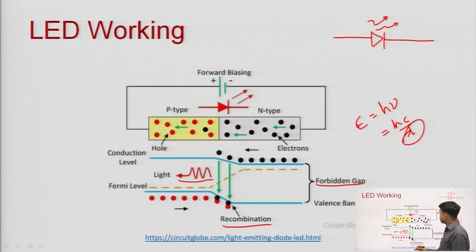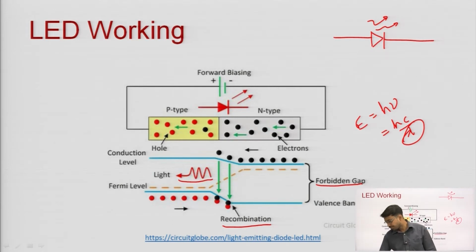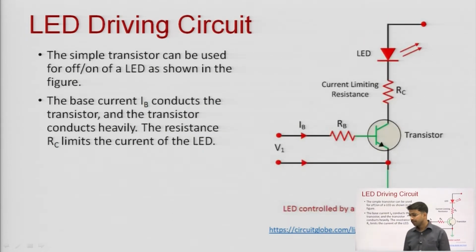Okay. So, this is the working of an LED. This is an LED driving circuit. We cannot simply connect an LED directly with a battery, because it will burn the LED, as a huge amount of current will flow in the forward bias condition and the LED will burn.